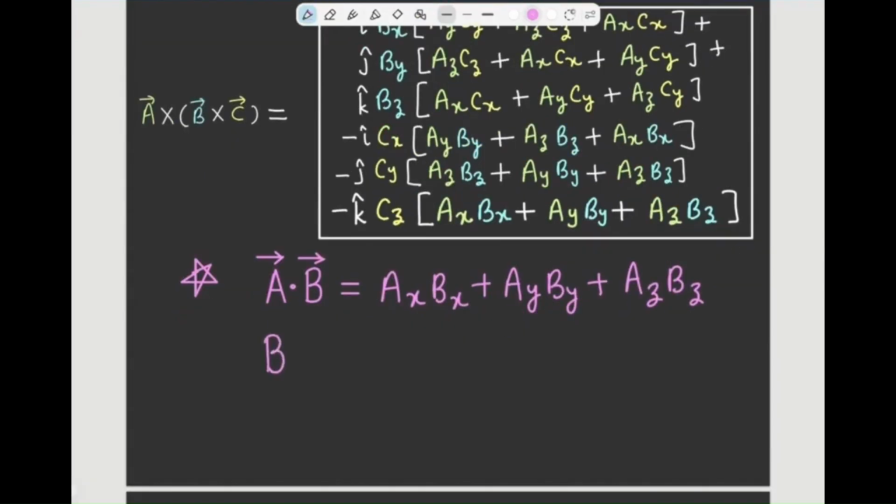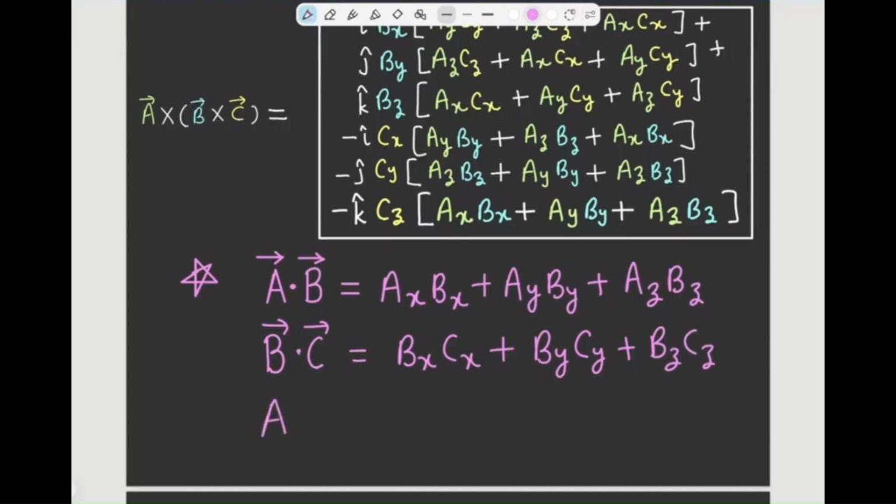And similarly, the dot product of vectors B and C, that is B dot C, is equal to bx cx plus by cy plus bz cz. And the dot product of vectors A and C, that is A dot C, is equal to ax cx plus ay cy plus az cz.